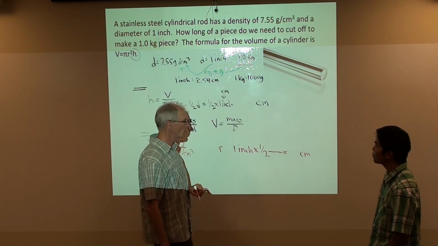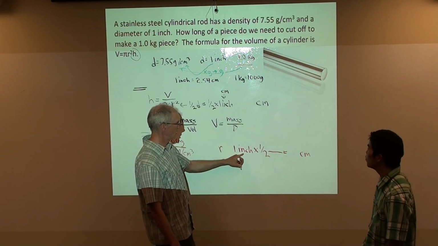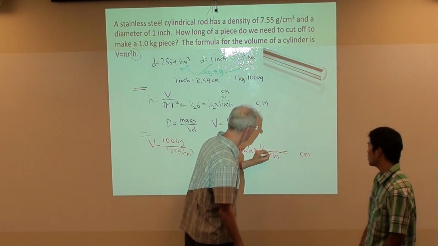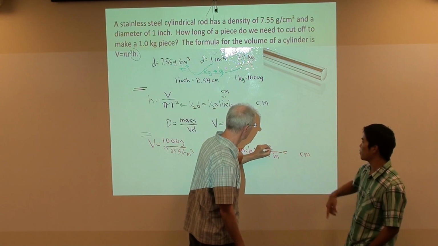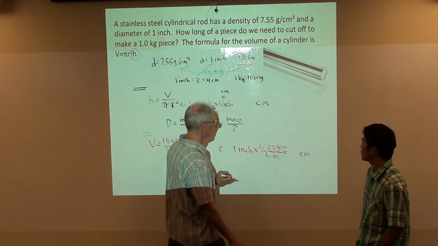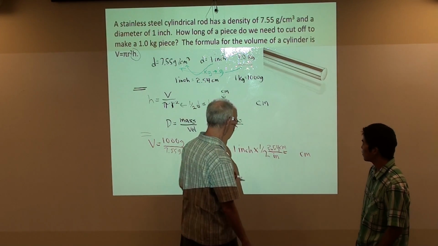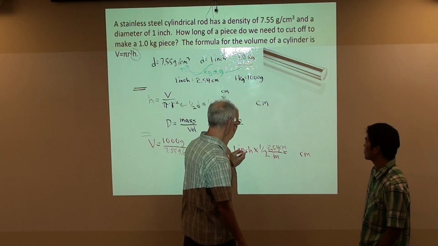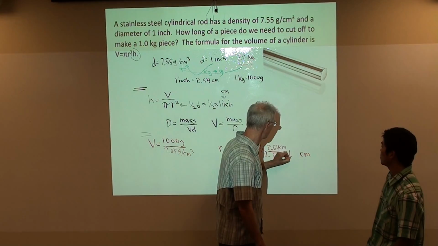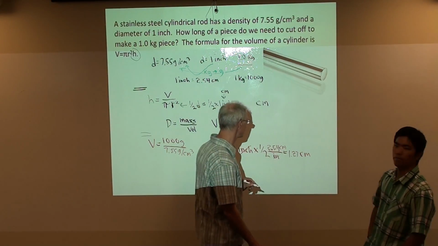Which one goes on top, which one on the bottom? You want the inches to cancel, so you're going to put the inches on the bottom. And you want centimeters in your answer, so put those centimeters on the top. 2.54 centimeters. The inches cancel, and I should be able to calculate a radius there. 1.27 centimeters. Wow.